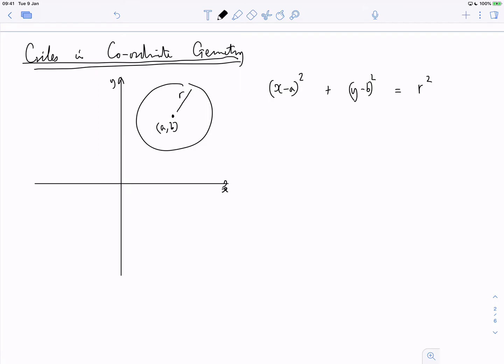Now we're ready to play around with some coordinate geometry with circles. So we would say that (a, b) is the center and the radius equals r.